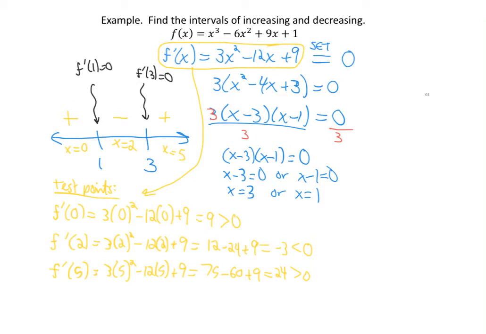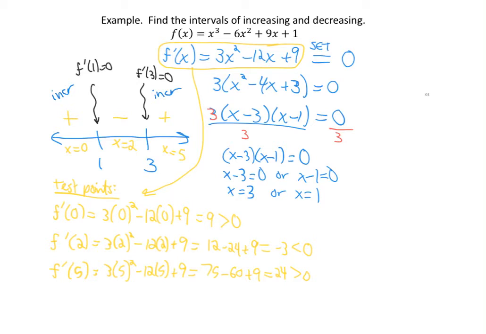Now, how does this answer the question of find the intervals of increasing and decreasing? Well, remember, increasing is when the derivative is positive. So it's increasing on this interval and this interval.